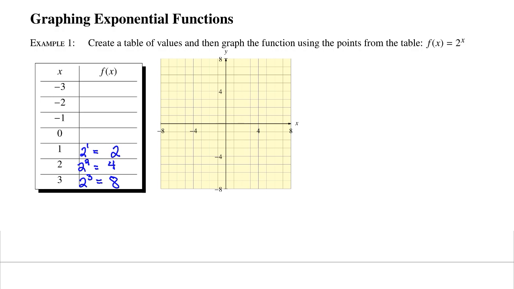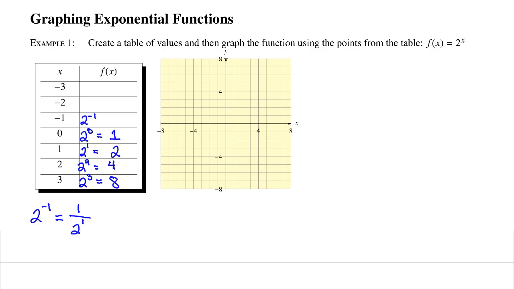Then if I have 2 raised to the 0 power, that is going to be 1. And now let's look at the negatives. So if I have 2 to the negative 1 power, from the review that we just did, that means the base of 2 is going to be moved to the denominator, and then you change the sign of the exponent. The exponent was negative, it now becomes positive.